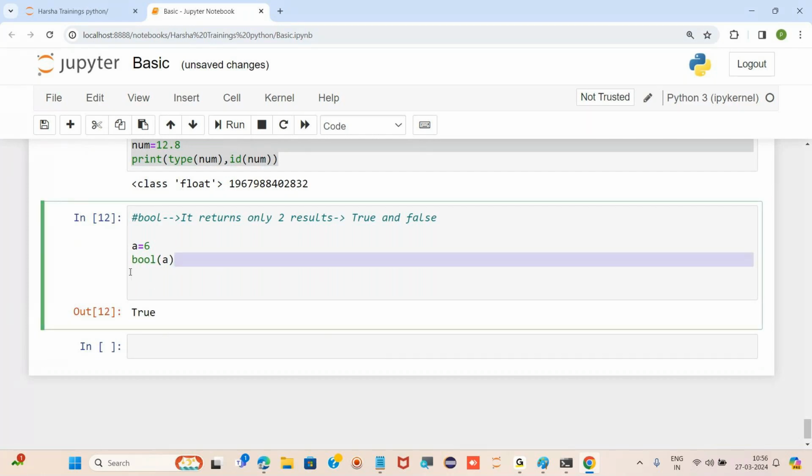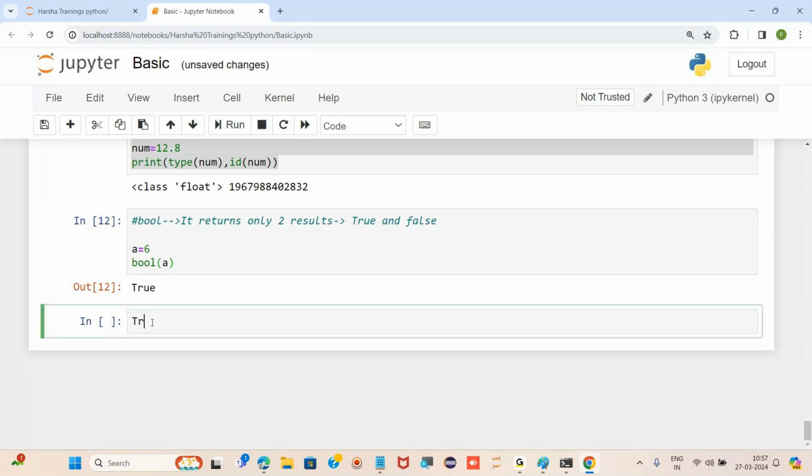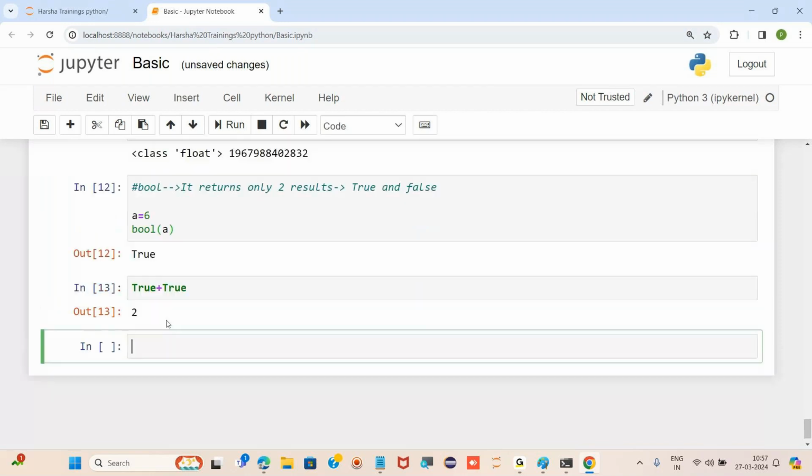Any number except 0 comes under true only. So it is true plus true. What should it give? Why is it giving 2?